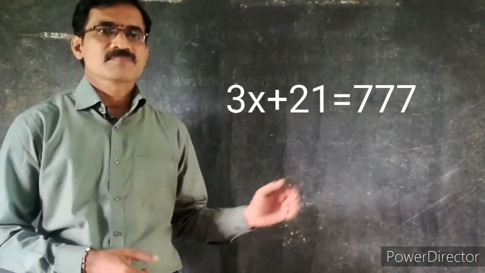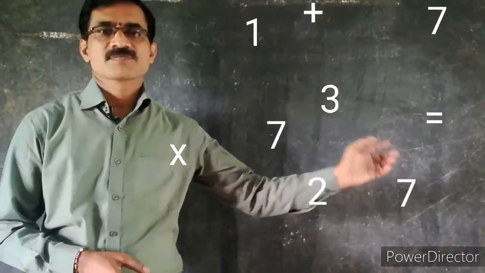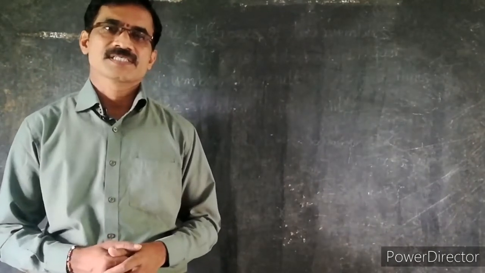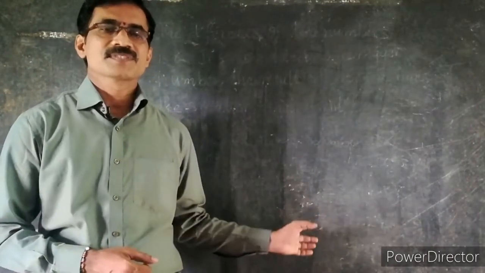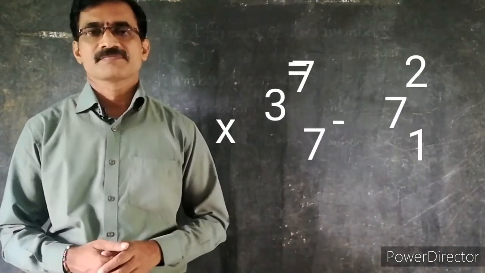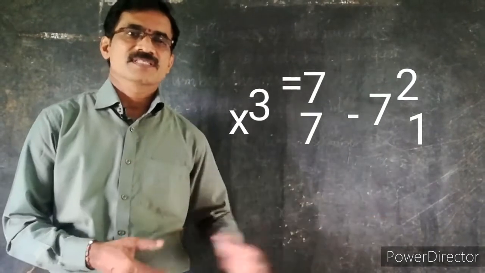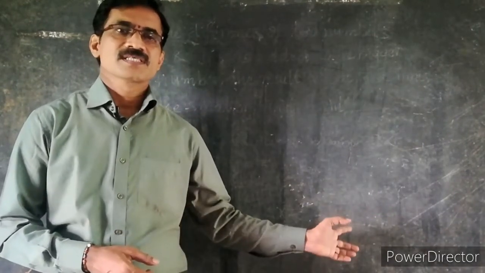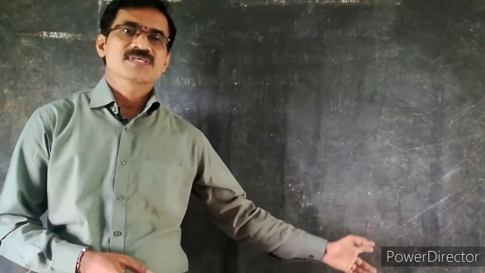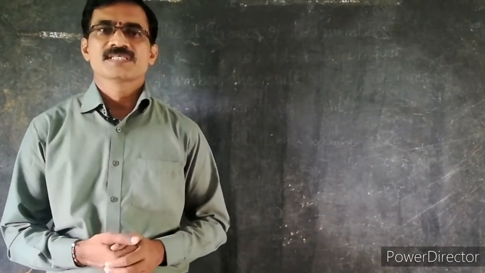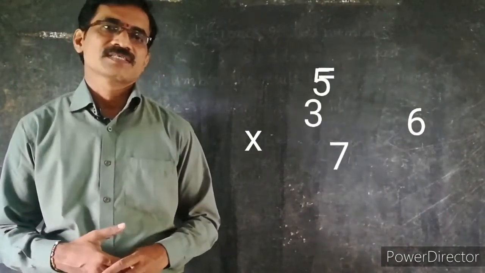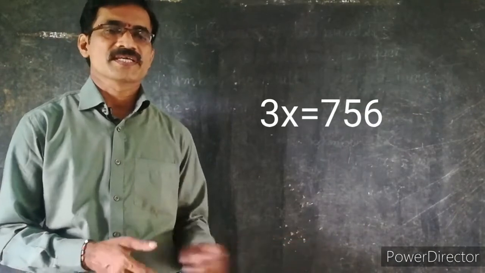Now the next step: 21 is transposed to the right side. So 3x is equal to 777 minus 21. In the next step, the subtraction on the right hand side, 777 minus 21, becomes 756. So 756 is equal to 3x.